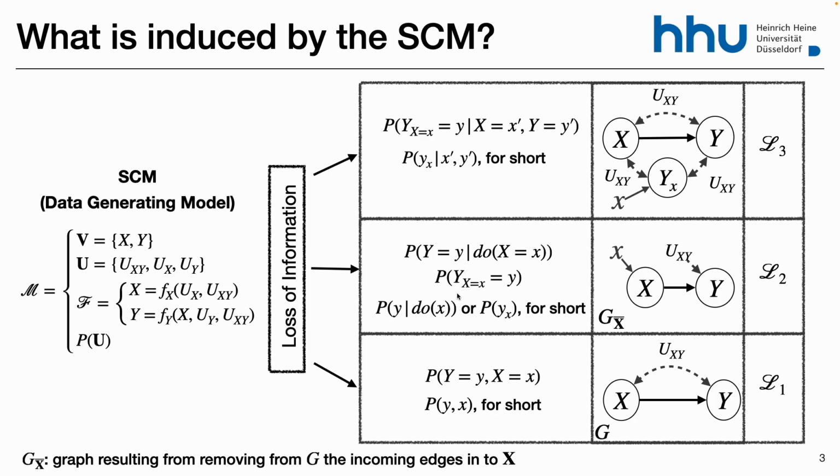And the difference is not only notation, there is actually a semantics involved. In Rubin's framework, Y_x is not the variable Y after an intervention by the function do. It's actually a new random variable, which is called Y_x. So in the end, it's equivalent.